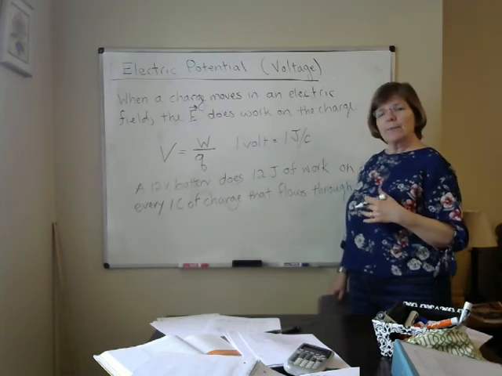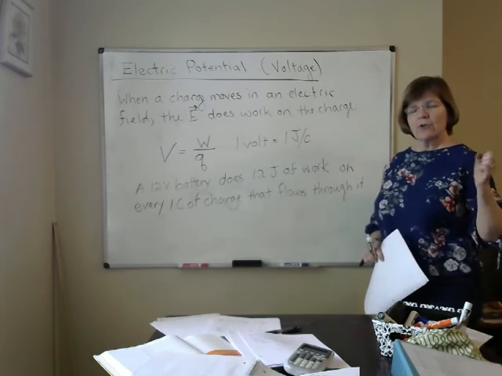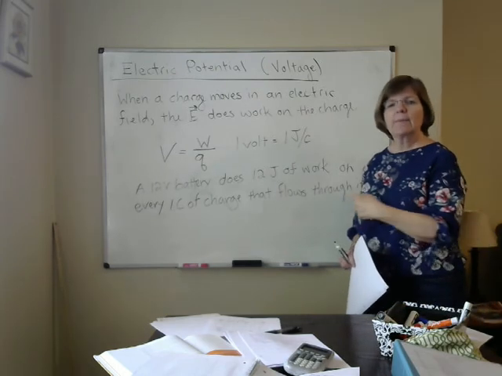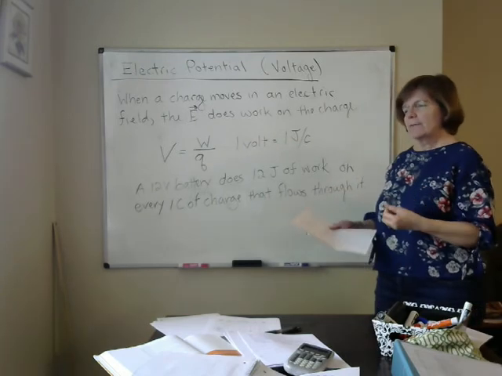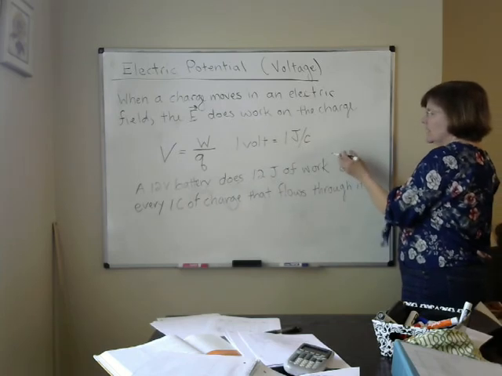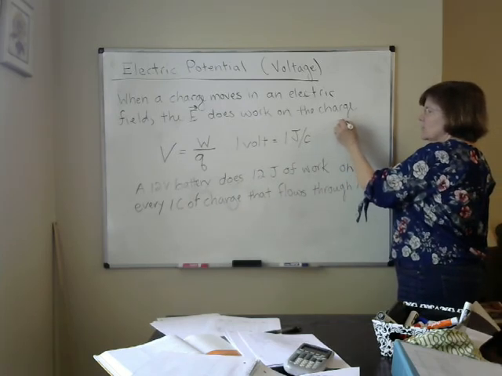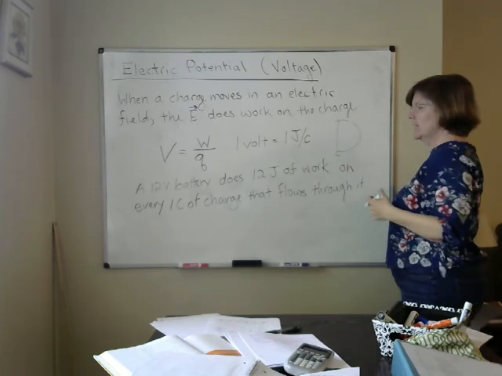The whole purpose in putting batteries in circuits is to give those electric charges energy to keep them flowing. Okay? So you can almost think of it as being when something goes to the battery, it's like it gains potential energy, and when it flows through the circuit, it loses potential energy back down.